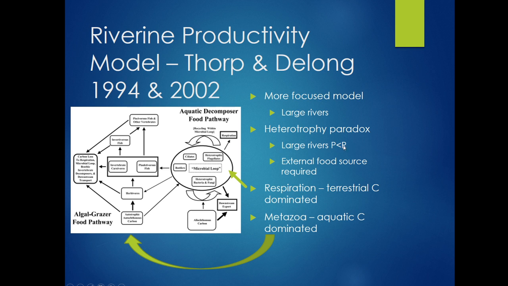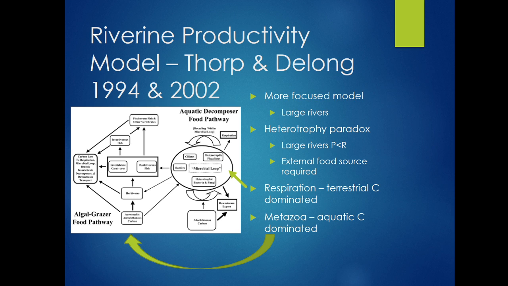Yes, respiration is higher because of the dominance of the total amount of carbon. There's more allochthonous carbon put into the microbial food web than there is in the metazoan food web. The autochthonous carbon stays within the big fish and the big invertebrates that you see and cycles in here. So you can have more respiration, but the autochthonous carbon is really driving the food web of the organisms living in the system.